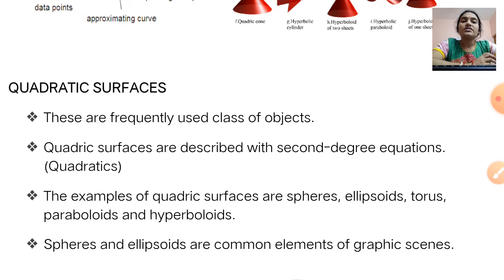Quadratic surfaces are described with second degree equations, which are quadratics. Examples of quadratic surfaces are sphere, ellipsoid, torus, paraboloids, and hyperboloids. But the common elements of quadratic surfaces are sphere and ellipsoids, common elements of graphic scenes or graphic images.